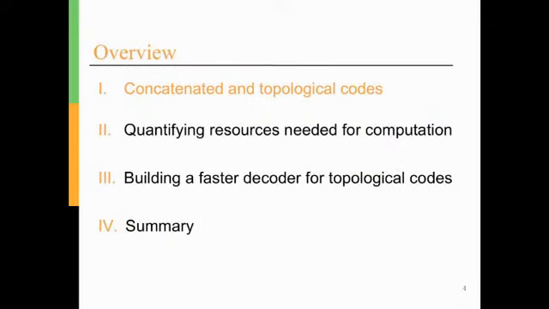So this is the structure of the talk. First, just some background about concatenated and topological codes. Then I will lay out the methodology that I use to quantify the resources needed to do error correction with the two code families. And finally, I will speak about building a faster decoder for decoding errors in topological error correction.